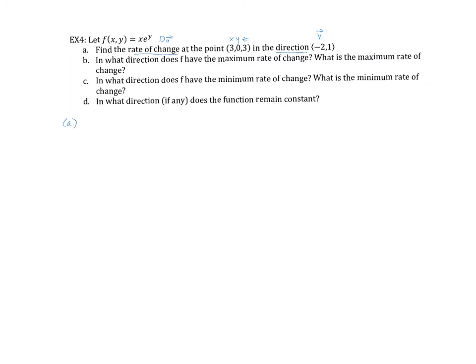I need to find the directional derivative, so I need my gradient vector. When I compute that, the partial with respect to x is e to the y. Partial with respect to y is x e to the y. And I'm evaluating this at the point (3, 0, 3), but I'm only concerned with the x and the y value, so (3, 0).